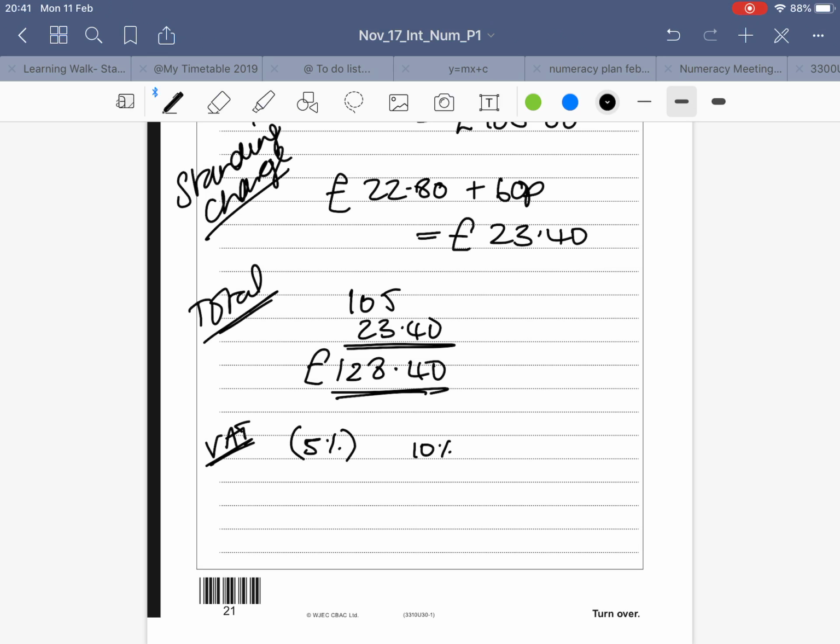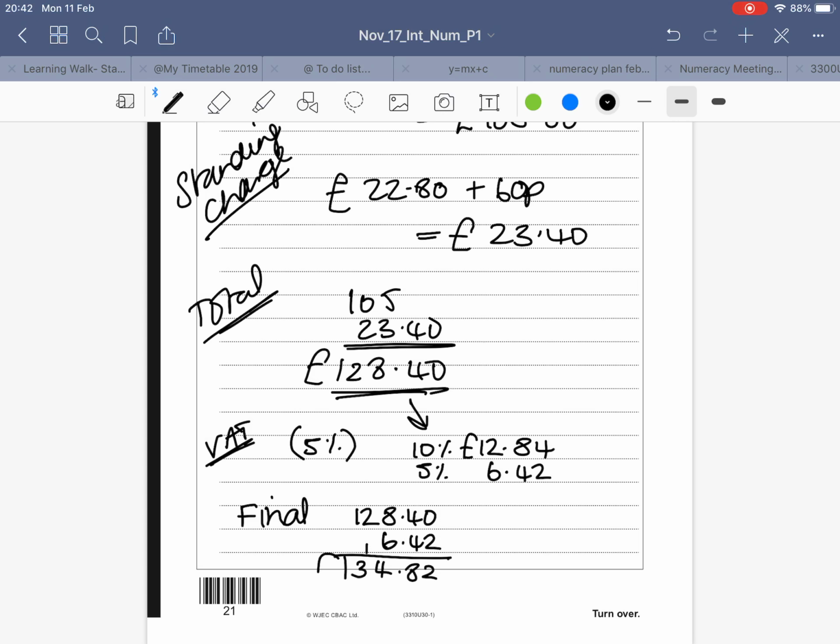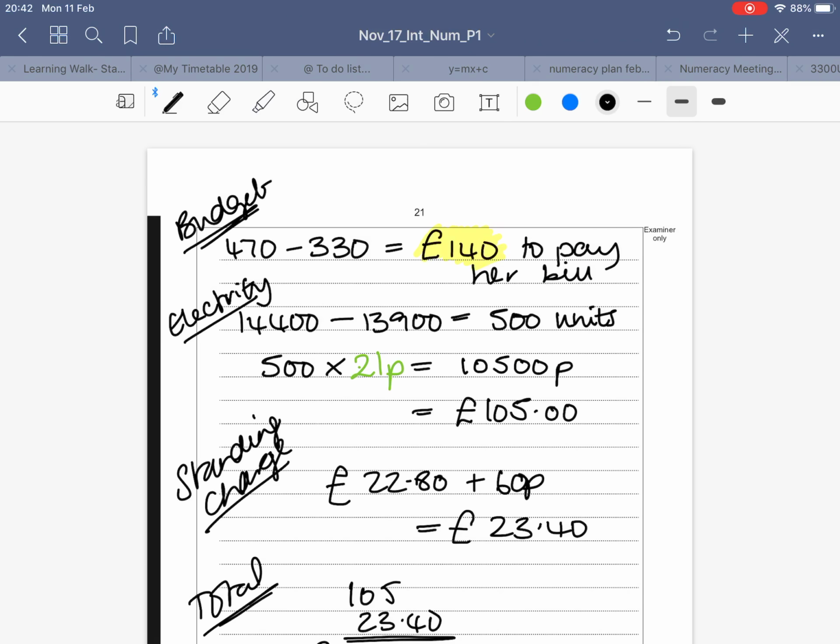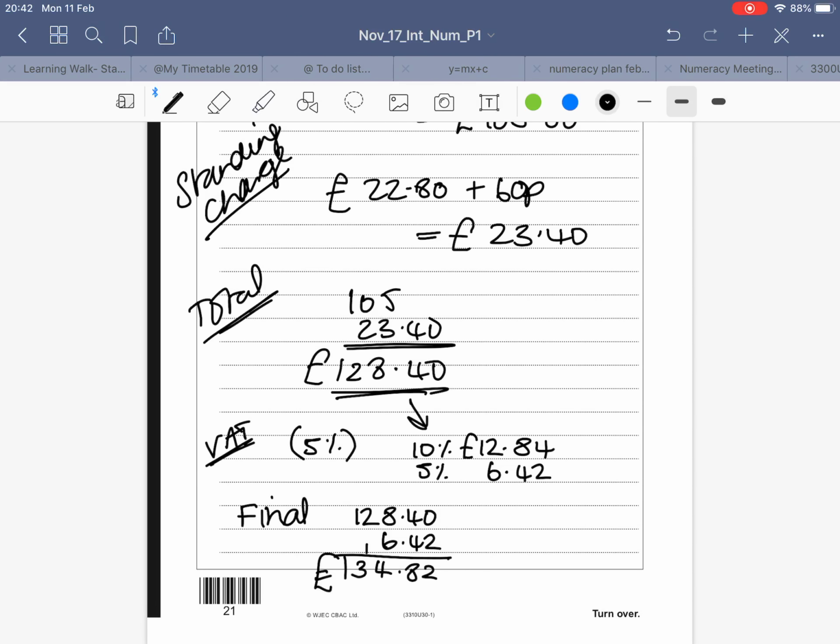So 10% of our £128.40 would be £12.84. 5% would be half of that, so £6.42. The final total that she has to pay for her electricity is £128.40 plus the £6.42, which comes to £134.82. And at the very beginning, we said she had £140.